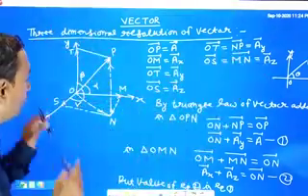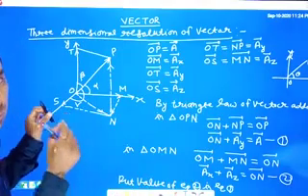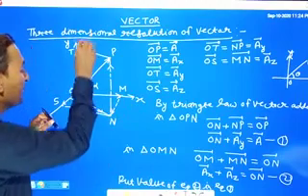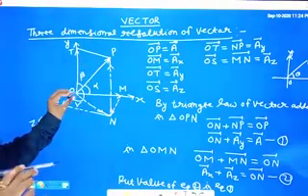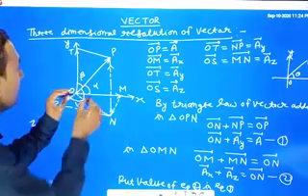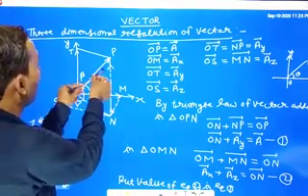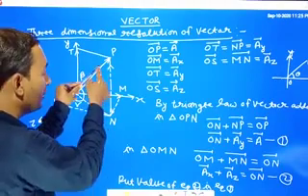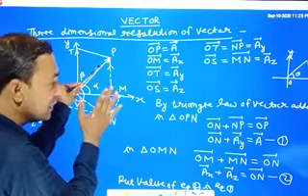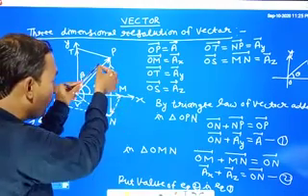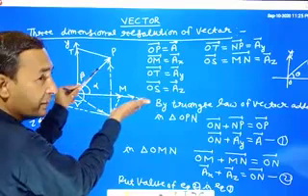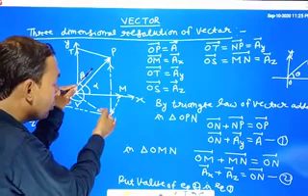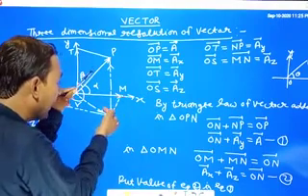First you understand this diagram very clearly. This is the x-axis, this is the y-axis, and this is the z-axis, perpendicular to the plane of paper. This is our 3D vector OP, this is point P. When we find the component of this vector on the x-axis and z-axis, we draw a perpendicular on the xz plane. This point N is in the xz plane. From N, we draw perpendiculars on the x-axis and z-axis.